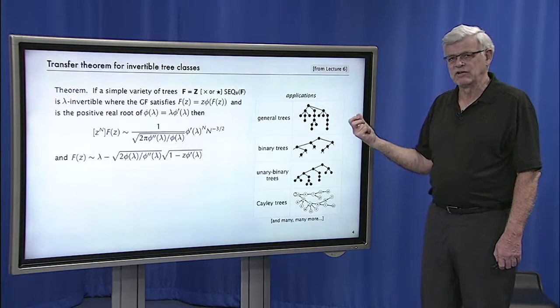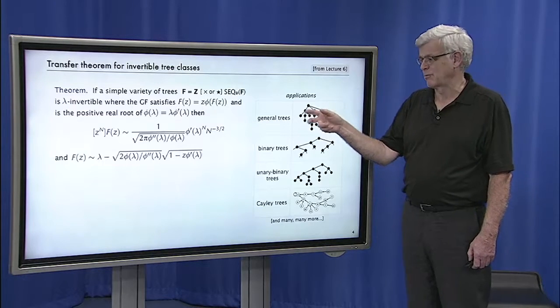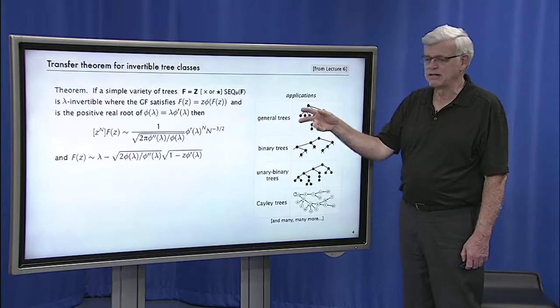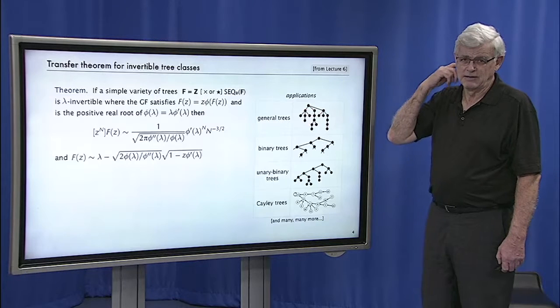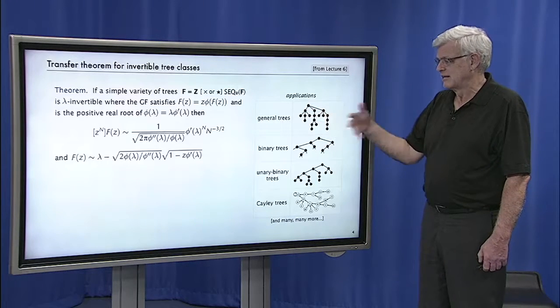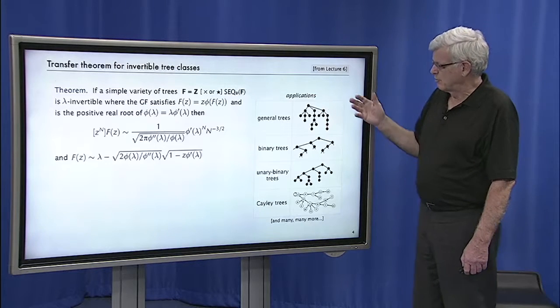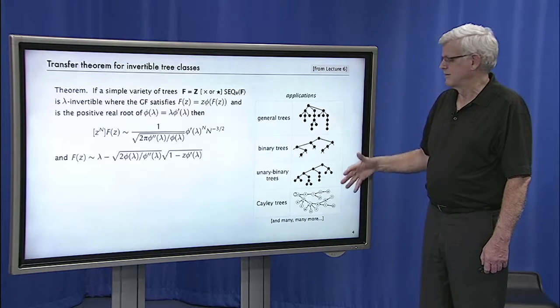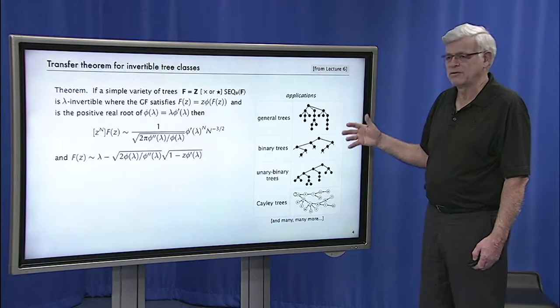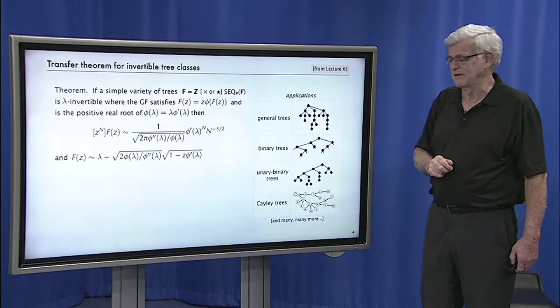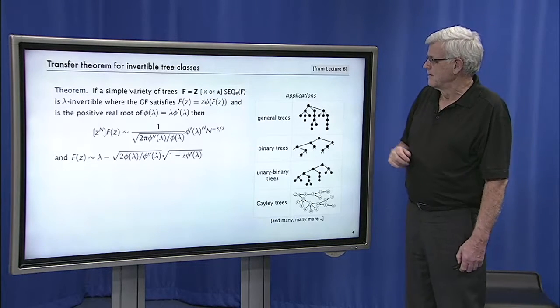As always with singularity analysis, we can take these approximations out to arbitrarily many terms. In lecture, we'll just work with the tilde approximation. And this applies to virtually any kind of tree, and we'll look at several examples next.